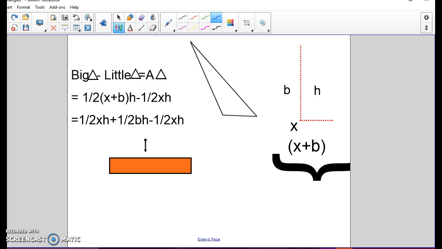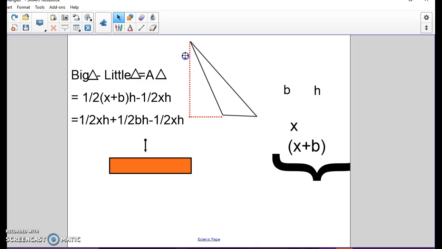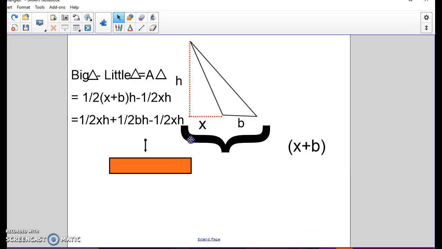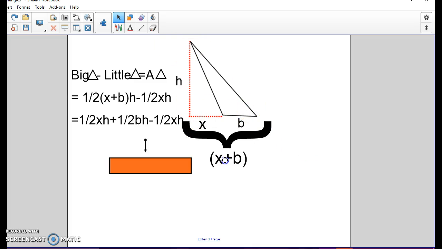So our last one is a little bit trickier. There's a little bit more math that goes into this one. So as I said before, we're going to make an all new vertex over here. So this is going to be our height, and then as I said before, this little red line is going to be our x, and then this from here to here is going to be our base. And then totaling this whole bottom half of this bigger triangle is going to be x plus b, which makes sense because it would be this plus this equals this big base on the bottom.